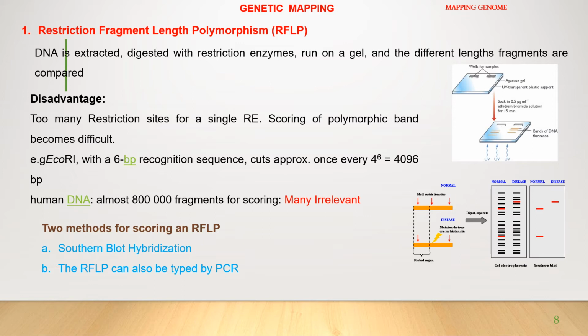So, roughly on calculation, in case of human genome, around 8 lakh bands would be produced. In such cases, the scoring with agarose gel becomes difficult. Hence, alternative methods of scoring are used. The two main methods used for scoring an RFLP is utilizing southern blot hybridization technique and PCR typed RFLP method.